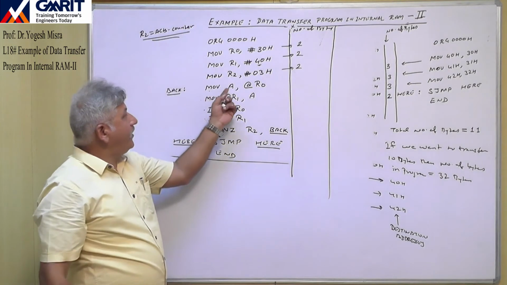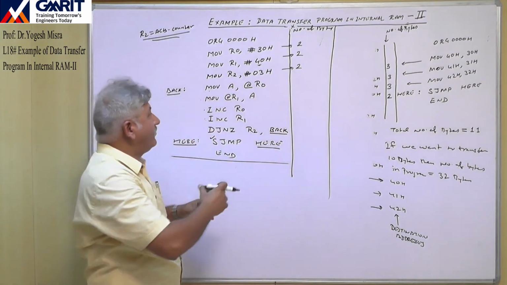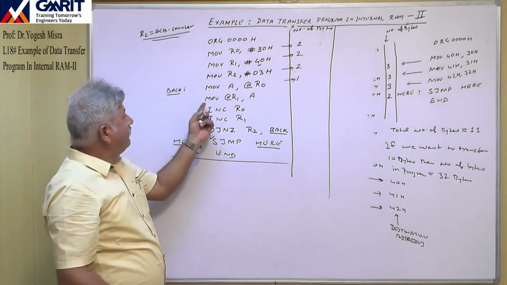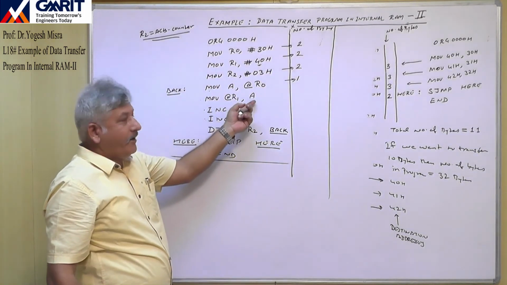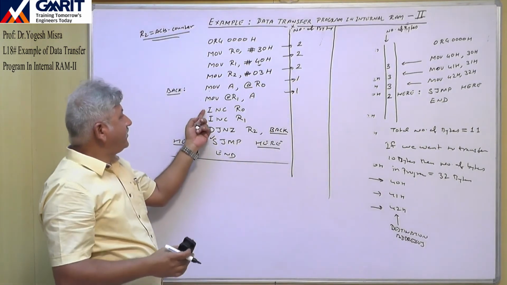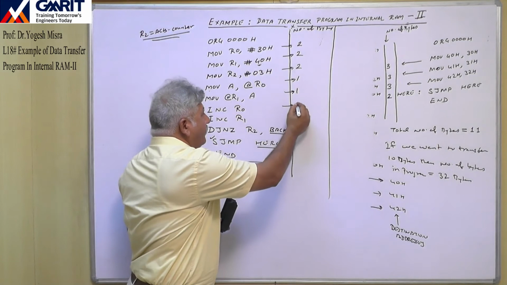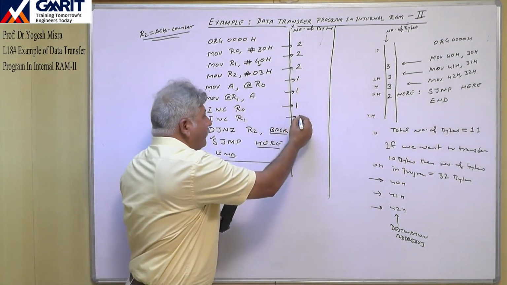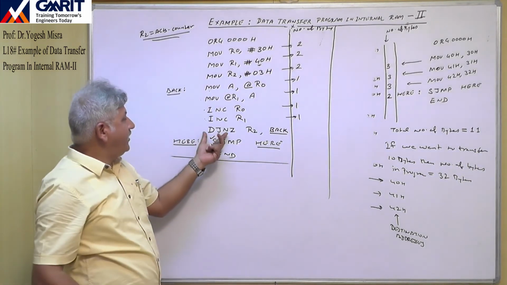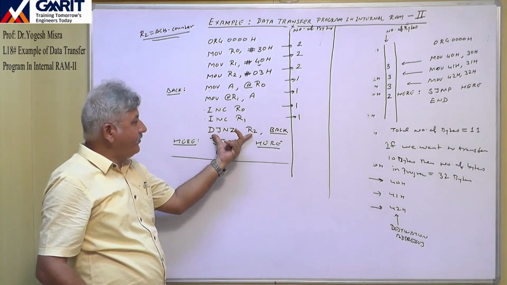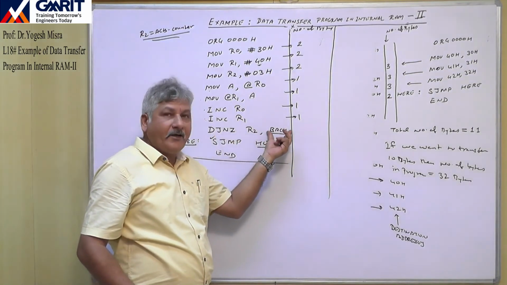Now MOV A, @R0. This instruction is 1 byte. MOV @R1, A. Again this instruction is 1 byte. INC R0 is a 1 byte instruction. INC R1 is a 1 byte instruction. DJNZ R2, there is 1 byte for this instruction and 1 byte for the relative address.